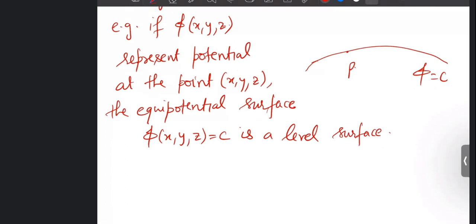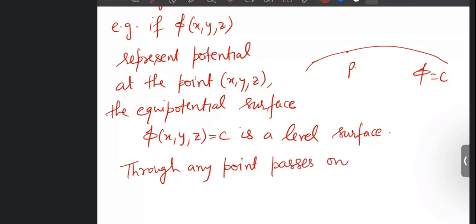Through any point passes one and only one level surface.